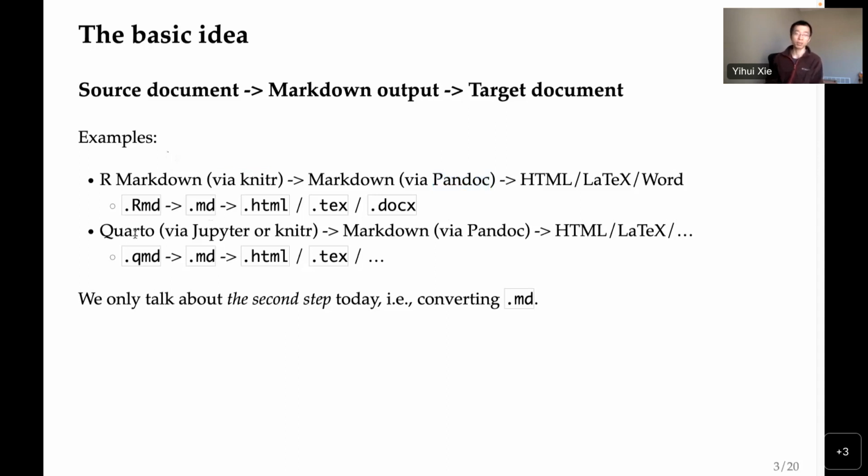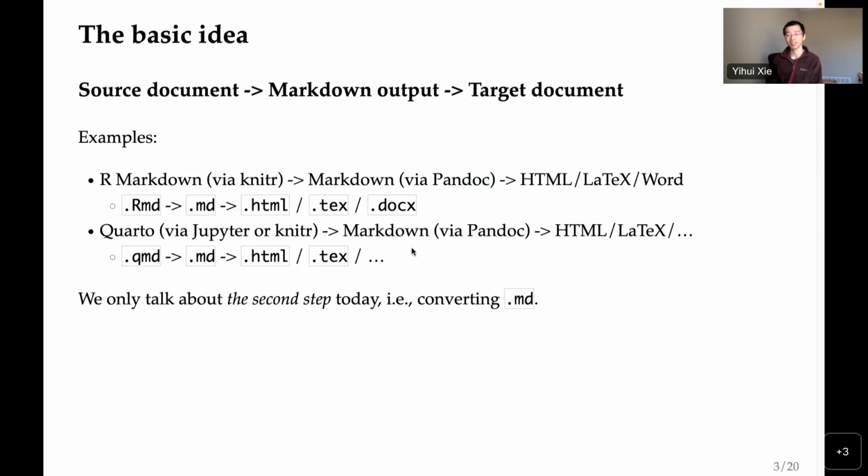Some of you might have heard of Quarto, which can be considered the next generation of R Markdown. Quarto documents usually have the extension .qmd. First we compile QMD to MD. This step can be done through either Jupyter or knitr.